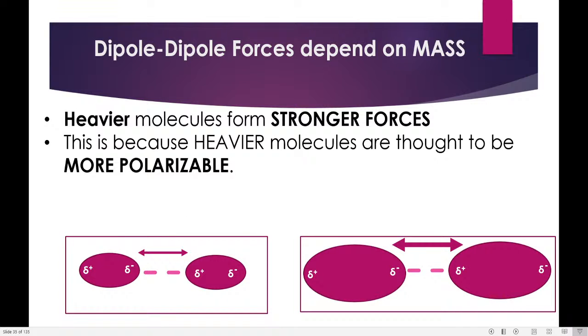So how do I determine which one forms a stronger dipole-dipole force? If you're in this situation where you've got this set of 2 chemicals or this other set of 2 chemicals, how do you decide which one has the stronger force? You're going to look at their mass. Heavier molecules will form the stronger forces.